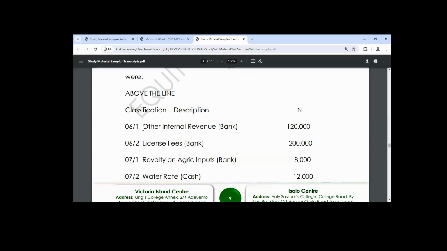We have 06/1. That 06 is the head, while 1 is the subhead. You can see that the first item of the revenue and the same items have the same head.